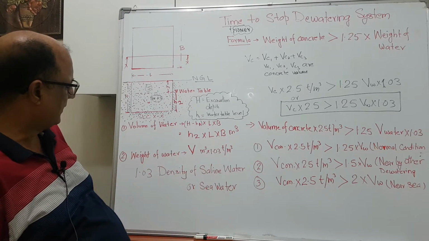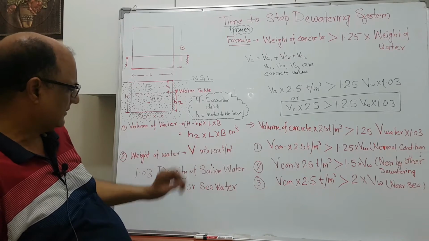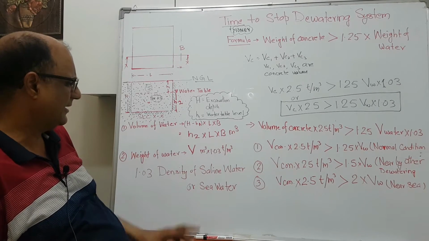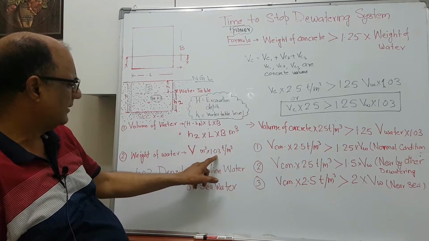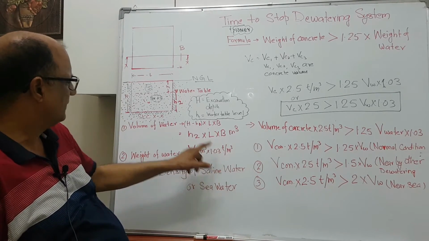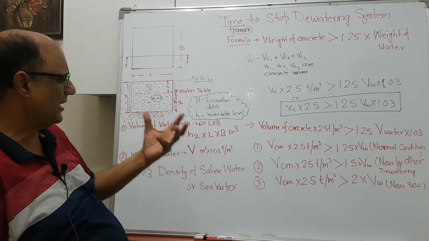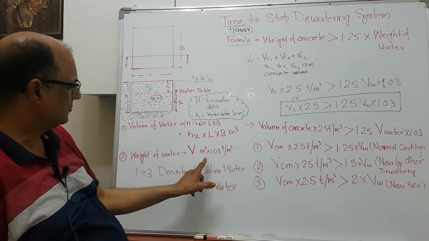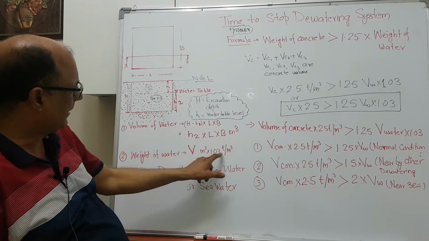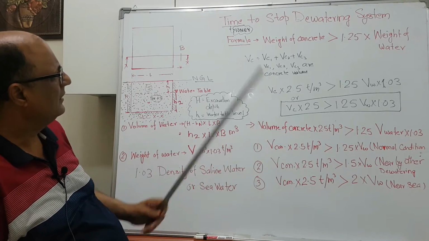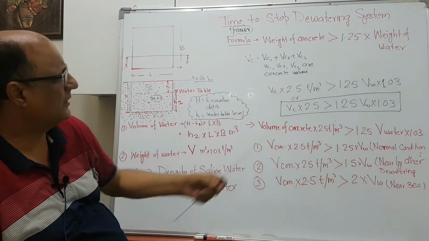The density of water is normally 0.998 ton per meter cube, that is for potable water, or I can say drinking water, but we are considering 1.03 for the water of the sea or saline water. So saline water is heavier than potable water, so the density is 1.03 ton per meter cube. So if you multiply by the density, we will have the weight of the water.